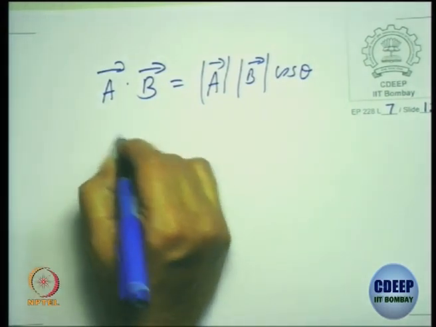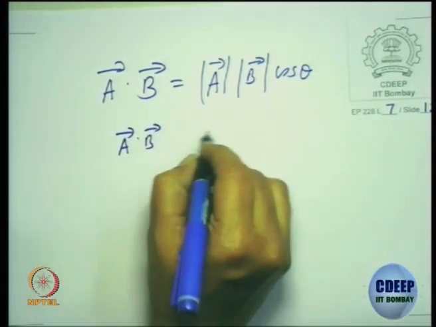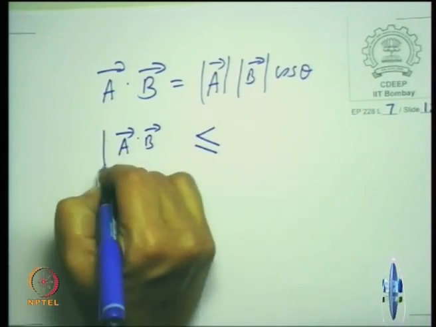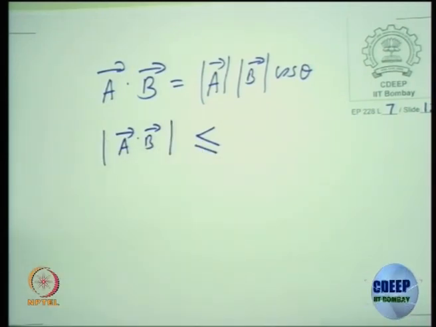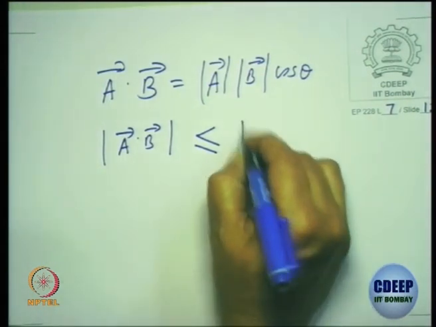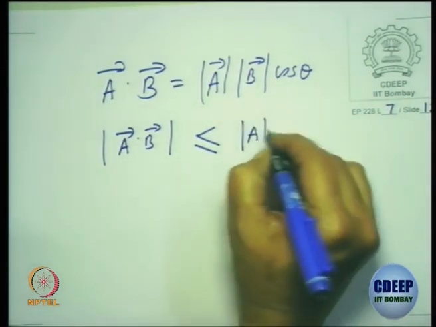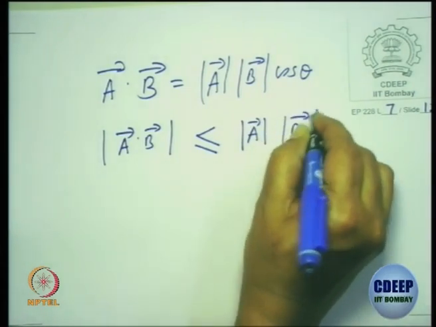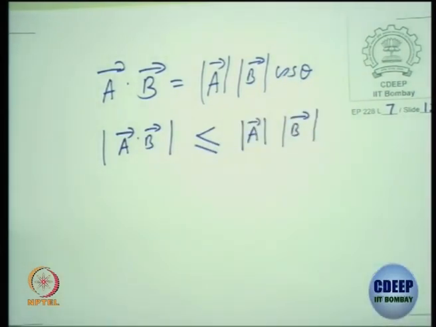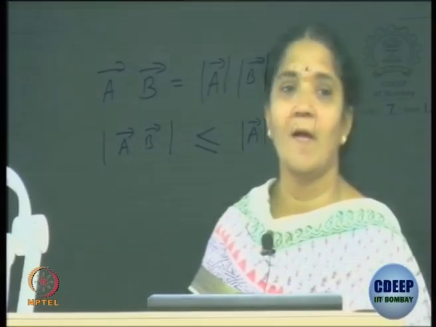So, the magnitude of A dot B will be less than norm A, norm B, because cos theta, what are the values of cos theta? The range is from -1 to +1. So, if you take the positive magnitude, then the left hand side should be less than or equal to.